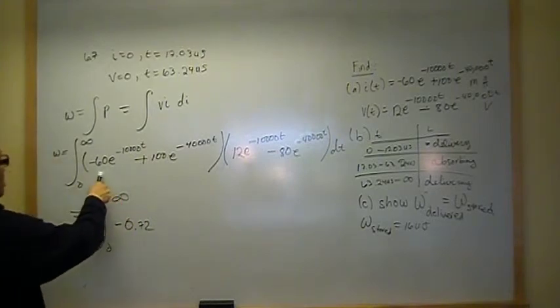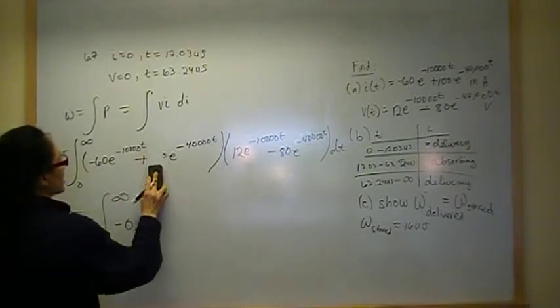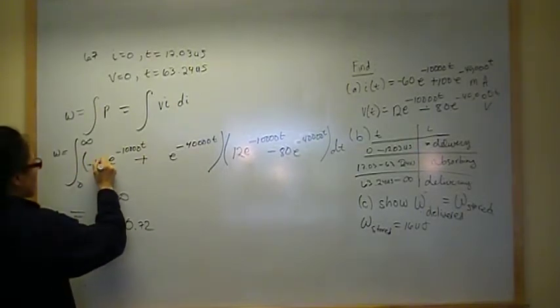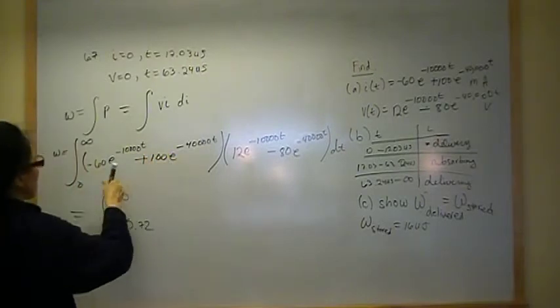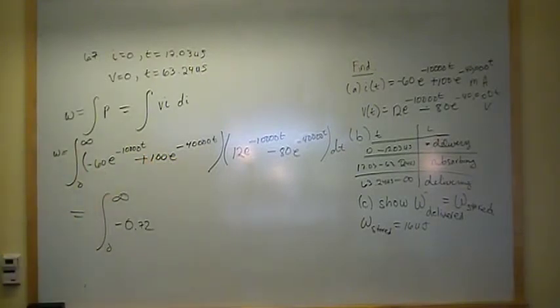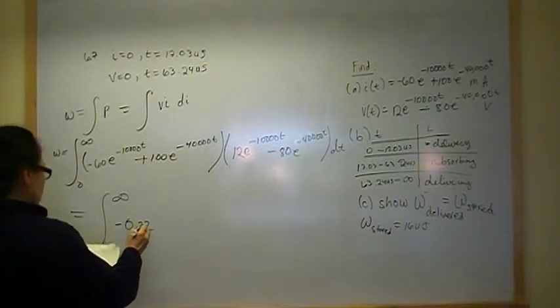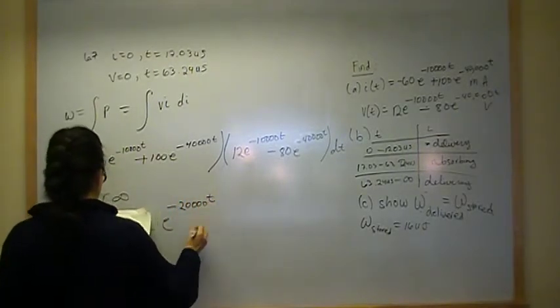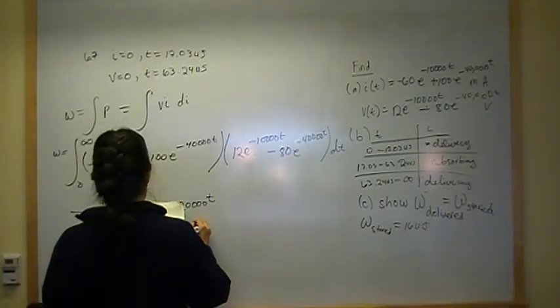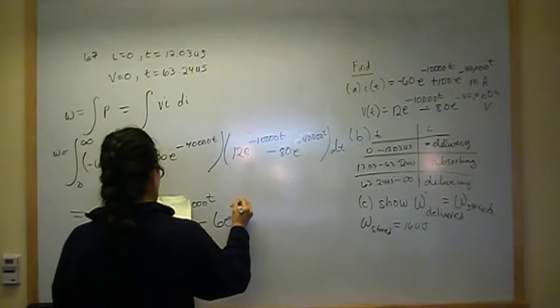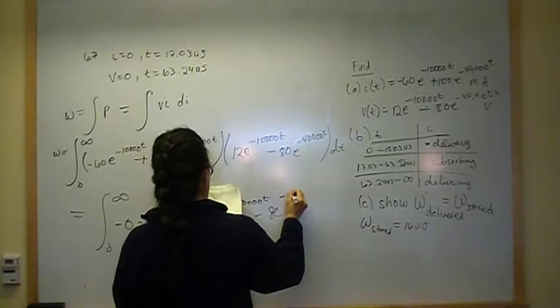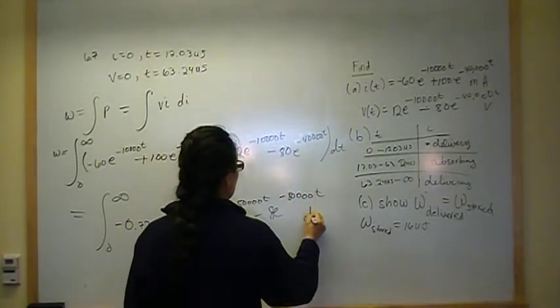Remember that this is in milliamps, so you actually need to convert this to amps, because we need the units to be consistent. So 0.72 e to the negative 20,000 t minus 6 e to the negative 50,000 t minus 8 e to the negative 80,000 t dt.